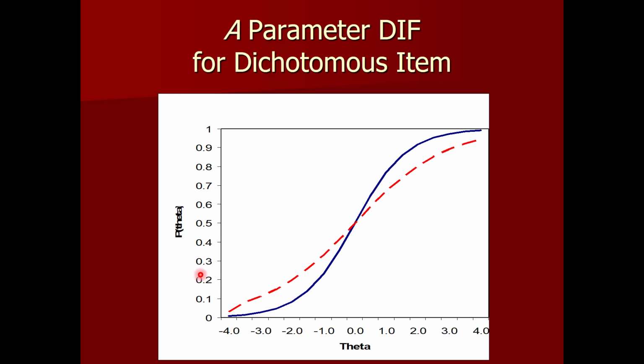For this type of DIF, opinions are a little bit more split. Some people have argued that, well, if theta is normally distributed, yes, it advantages the red group down here and it advantages the blue group up here, but on the whole, it cancels out. Across the whole sample, there really isn't any DIF on the item. I tend not to think that way. I tend to still treat this as somewhat problematic.